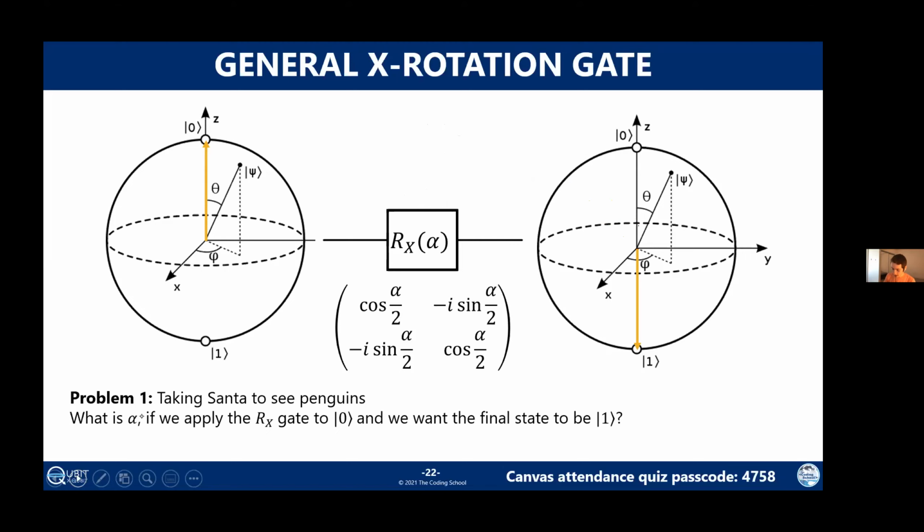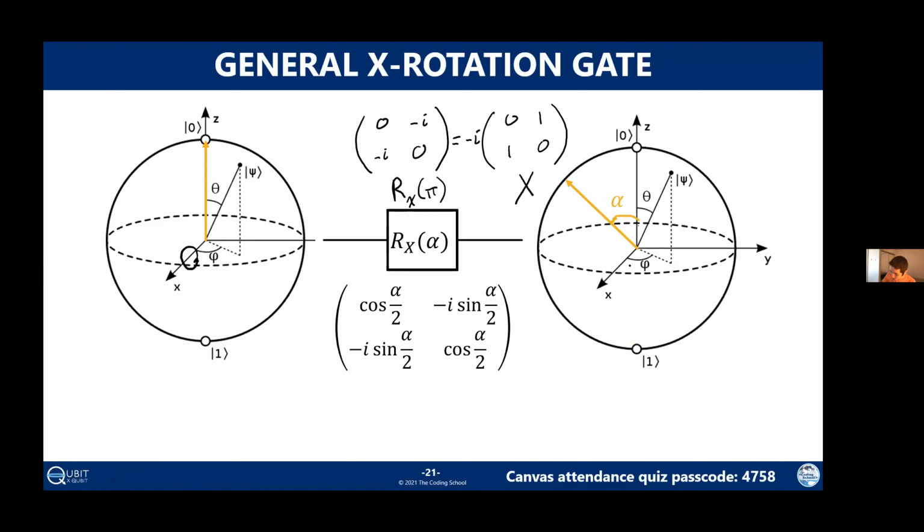So again, if we look back here at what our rotation does, it rotates by an angle alpha around the x-axis. So picture taking the whole sphere, putting a stick through the x-axis and then spinning the sphere around that x-axis. How much would you have to spin it to move the North Pole to the South Pole?